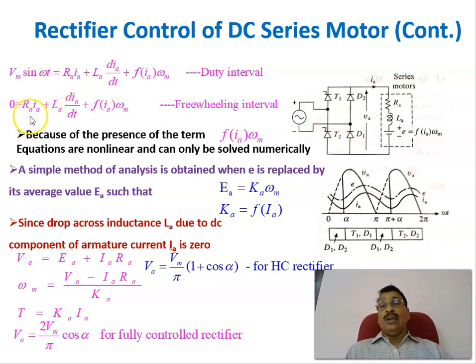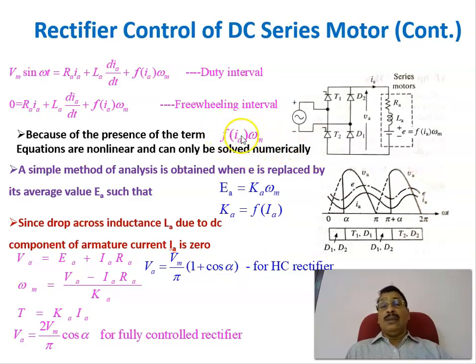Therefore, 0 equals Ra Ia plus La dIa by dt plus a function of armature current Ia into omega m. Because of the presence of the term function of Ia into omega m, this is a nonlinear term. Equations are nonlinear and can be solved only numerically.